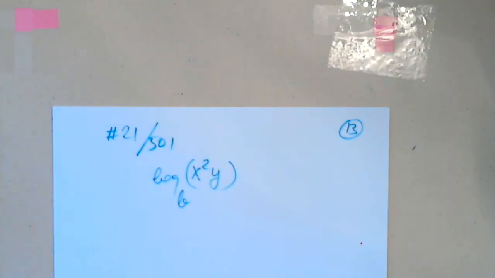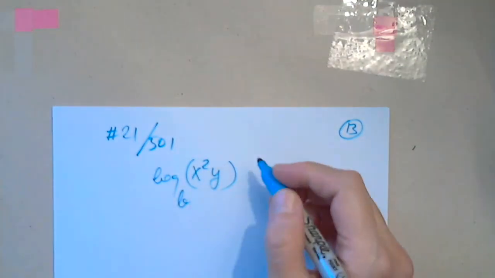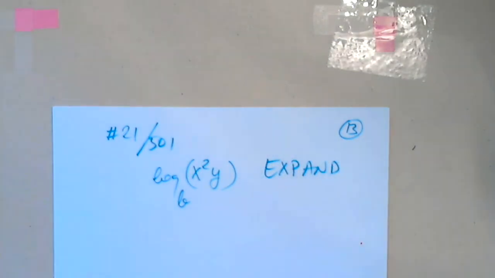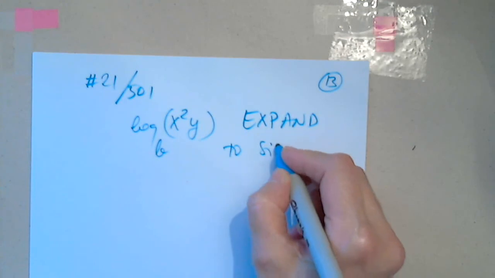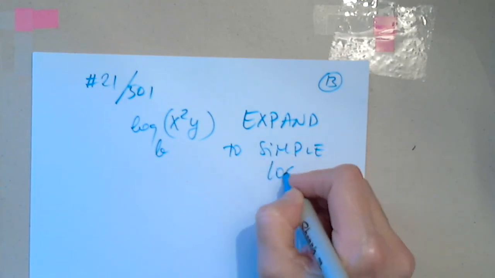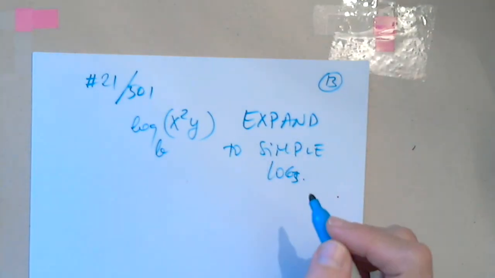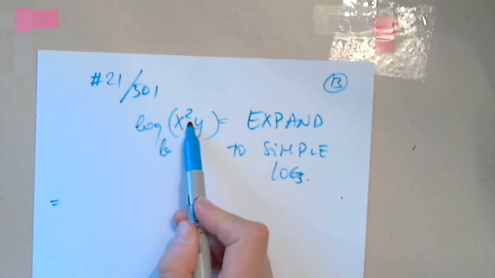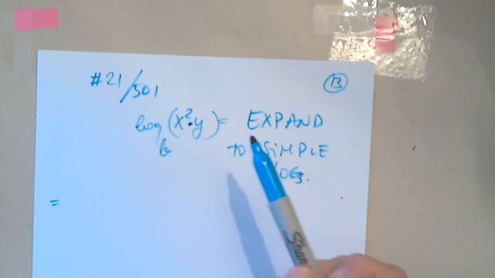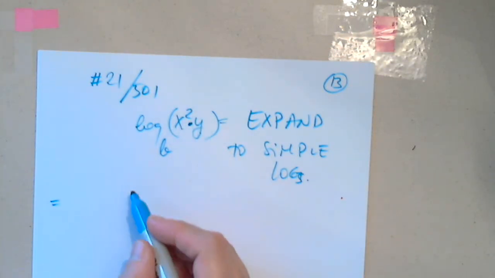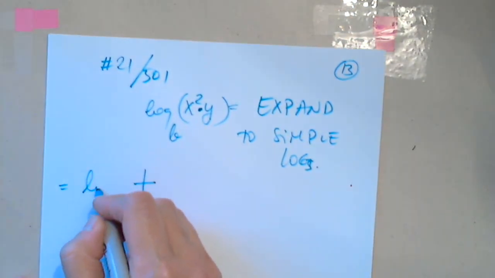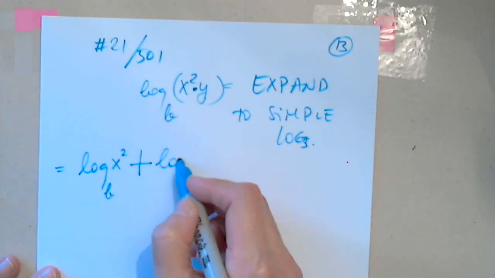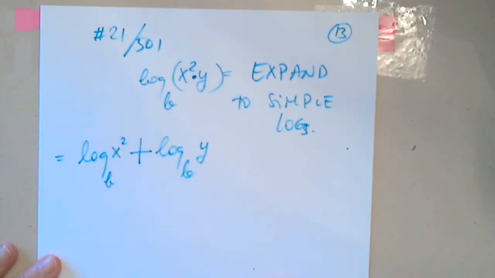And they want us to expand into simple logs. Okay, so let's see what I can do. I see that this is a product, first of all, and it's x squared times y, so this is a sum. First will be log base b of x squared, and the other one log base b of y.